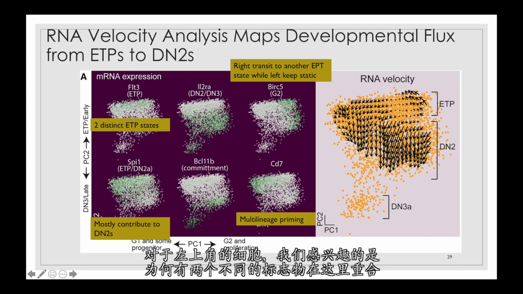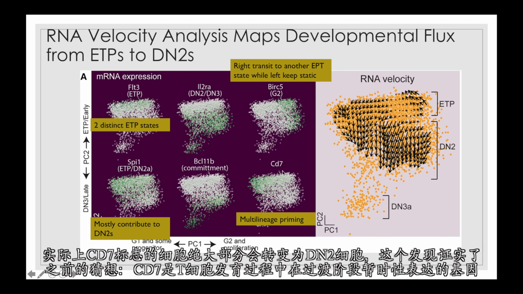And here it is also very interesting to see how these two markers overlap. Actually, the CD7 positive cells are the population that mostly contribute to the DN2 cells. So this confirms the third possibility we raised before.